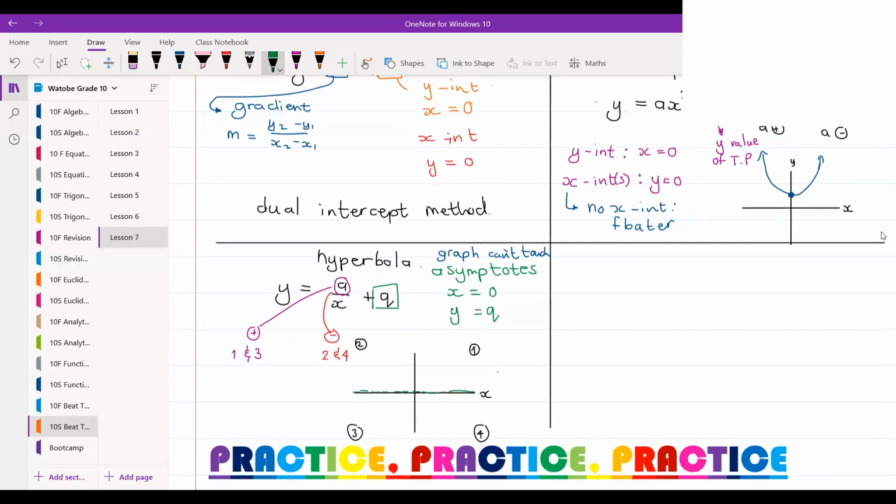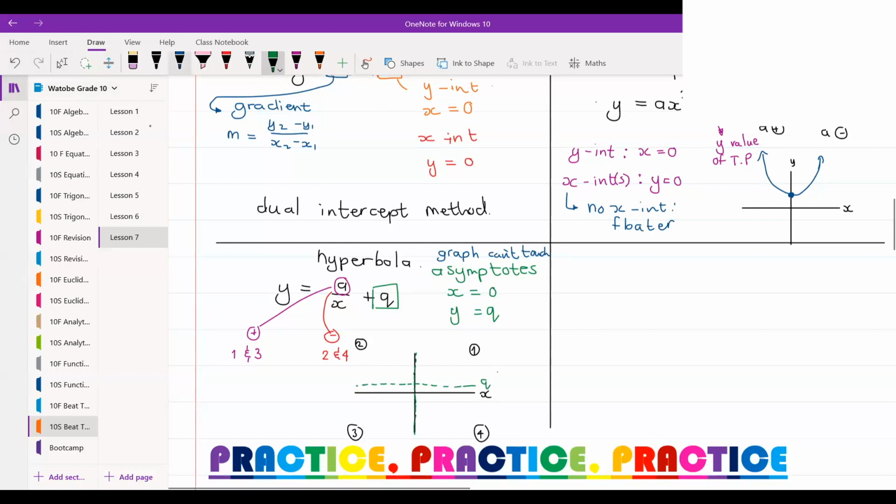Okay, it would be here. At x is equal to 0 would be everything along this line. Okay, and then when y is equal to q, dependent on where it raises up to, let's just say, for instance, q is over there, that will then be the line y is equal to q. So that's the value of q over there.